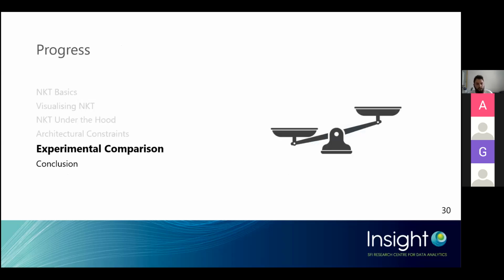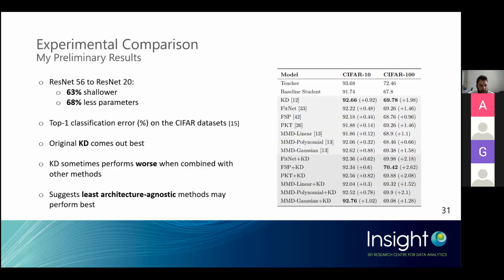So then to take a look at an experimental comparison of a couple of methods. This is the experimental comparison that we conducted as part of this research. We took five representative current approaches and evaluated them in a model compression scenario.